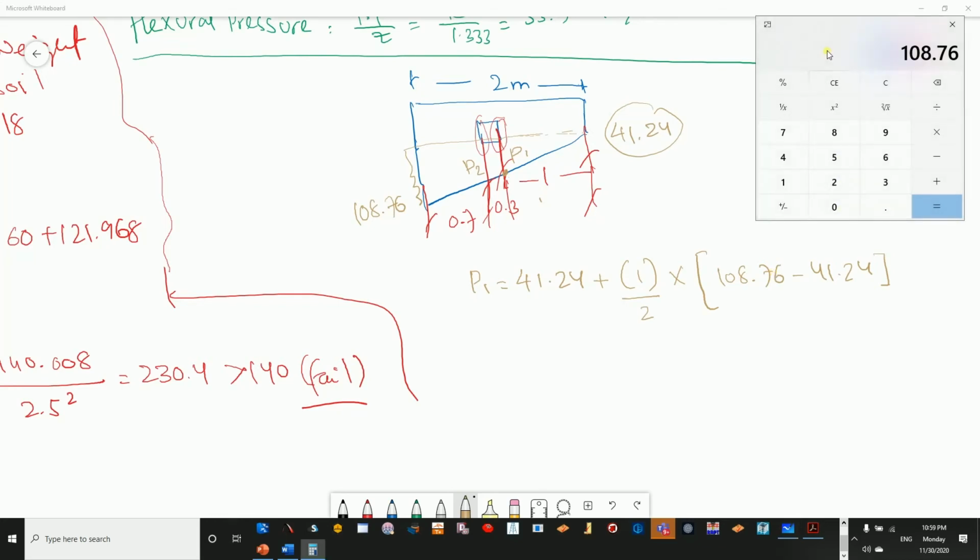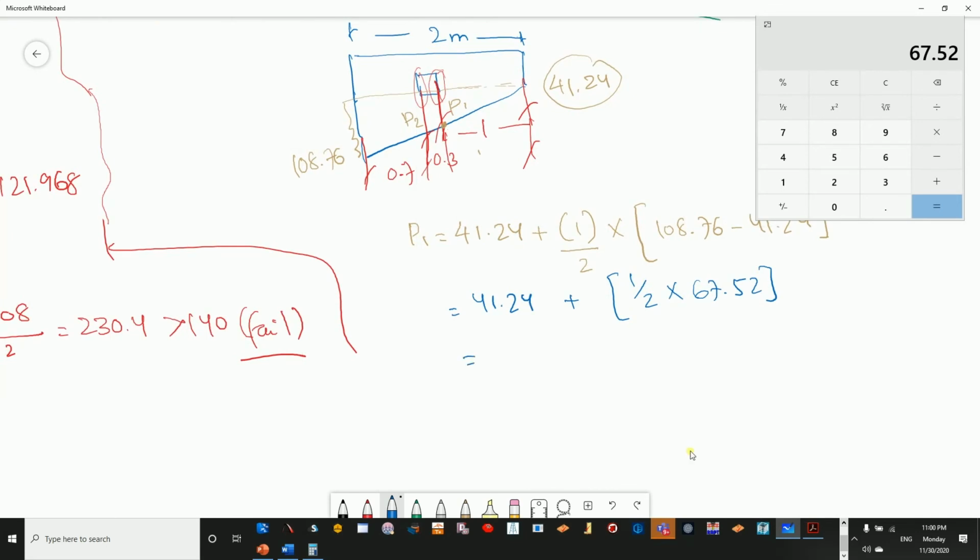This is giving me 67.52 multiplied by half plus 41.24, so we can get the final value, which is around 75.